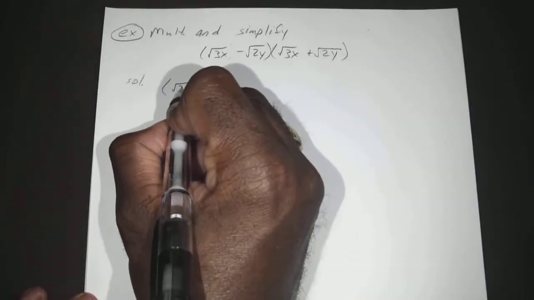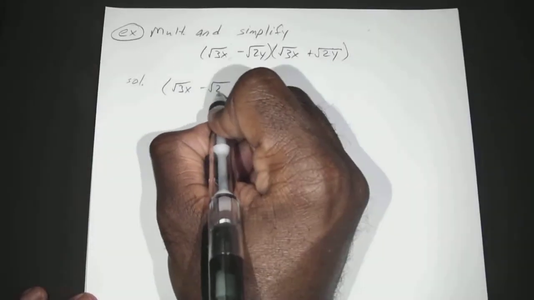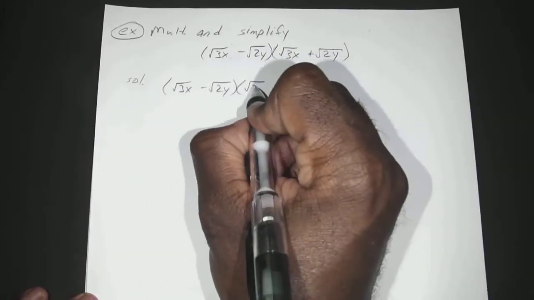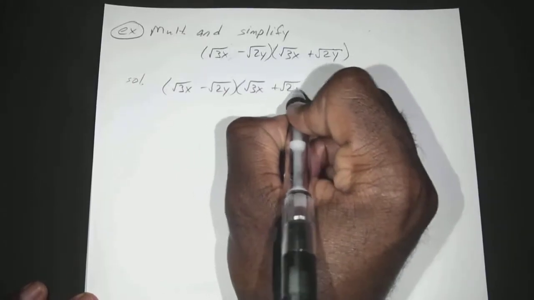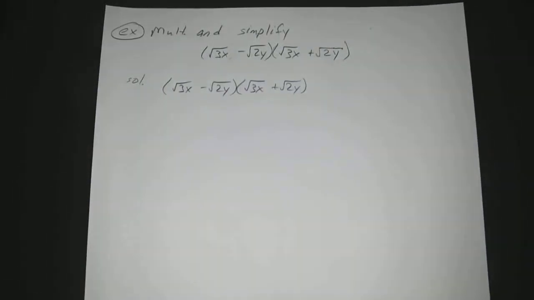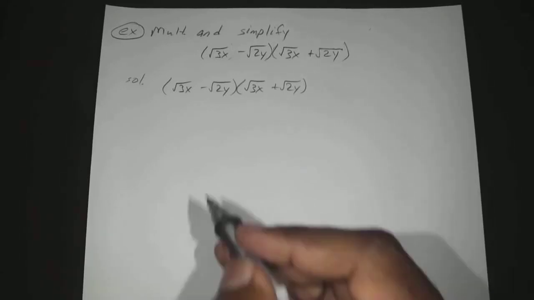Okay, so with this one, I'm just going to rewrite it. The same way as if you had x minus y, x plus y, the first thing you do is just FOIL it out.